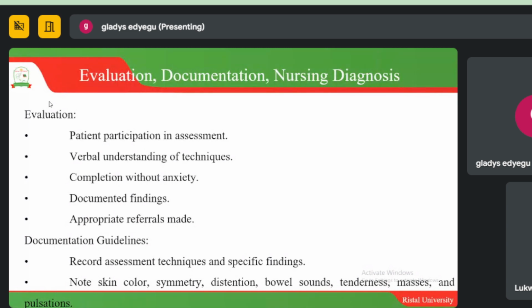So if you've done inspection, you have to give your assessment according to what you have seen when you're inspecting the patient's abdomen.